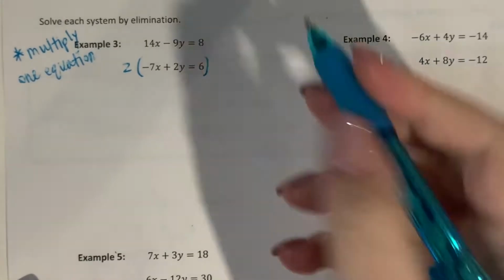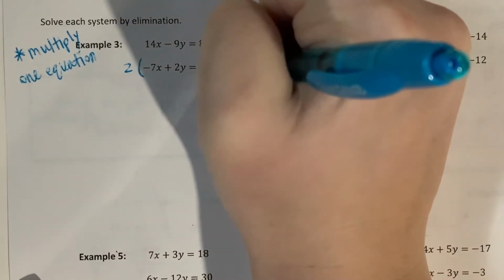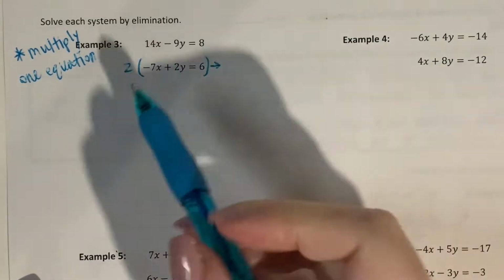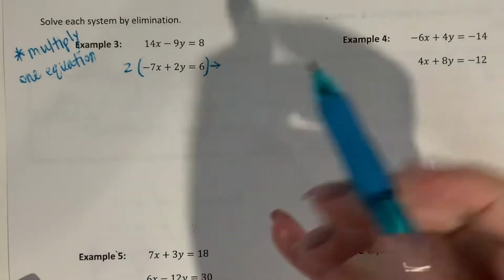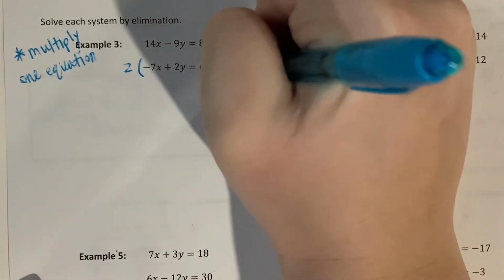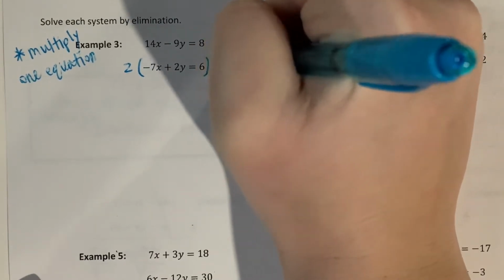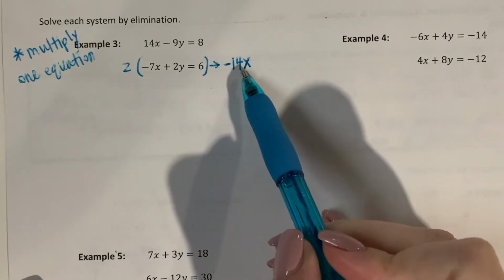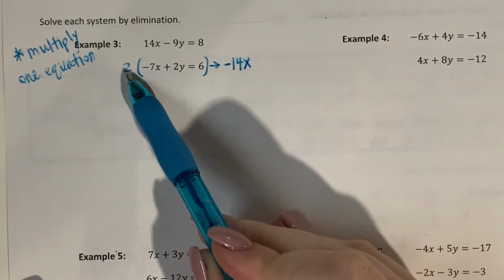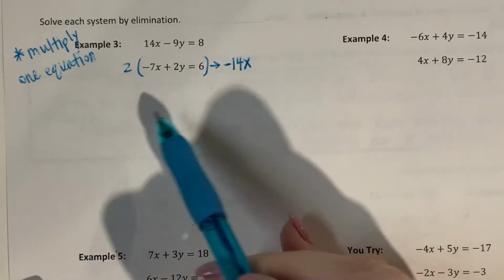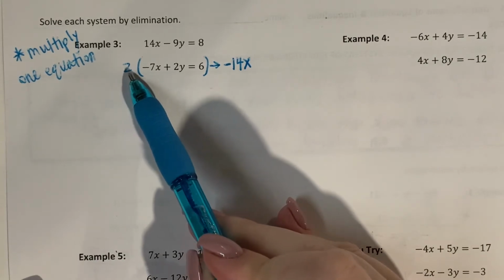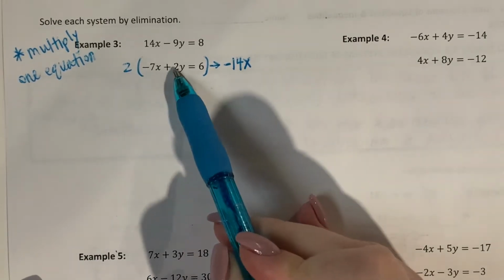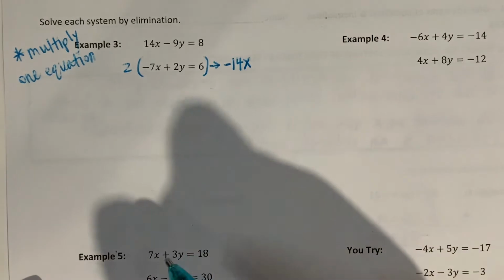So what I'm going to do is I'll draw an arrow right here, and I'm going to multiply 2 times -7x, and I get -14x. I also have to do 2 times my other terms. So think of it like distributive property. I have to distribute this 2 to every term in this equation.